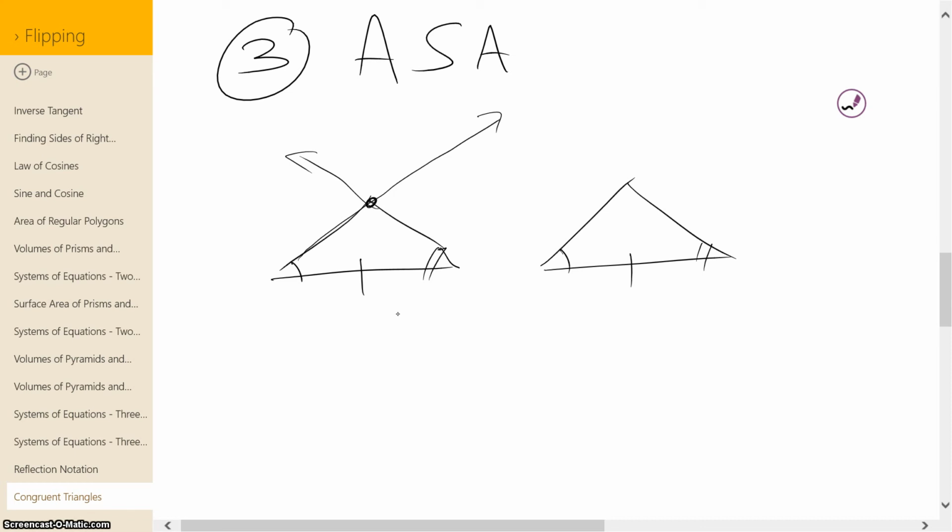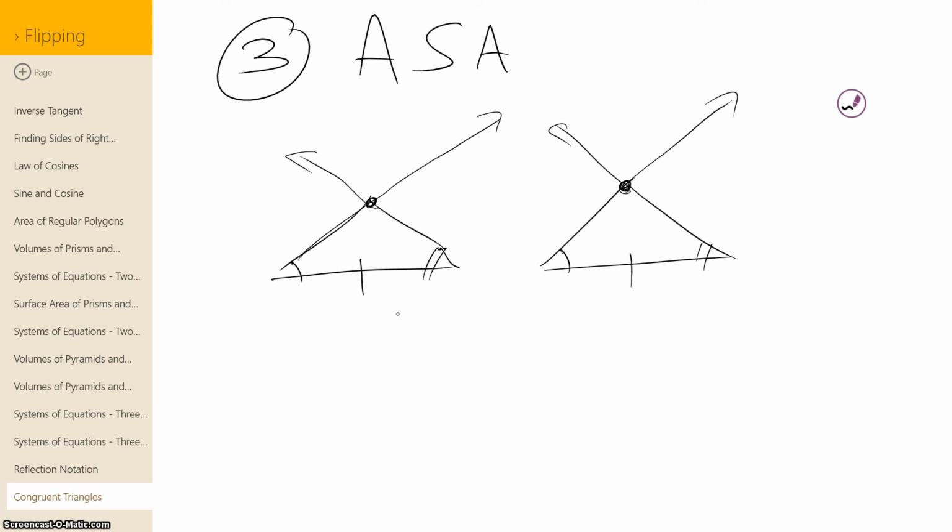There's only one place that they can do this. So if you have angle side angle, if you know those are congruent in the corresponding parts, remember that the order is important, then you will have two congruent triangles.